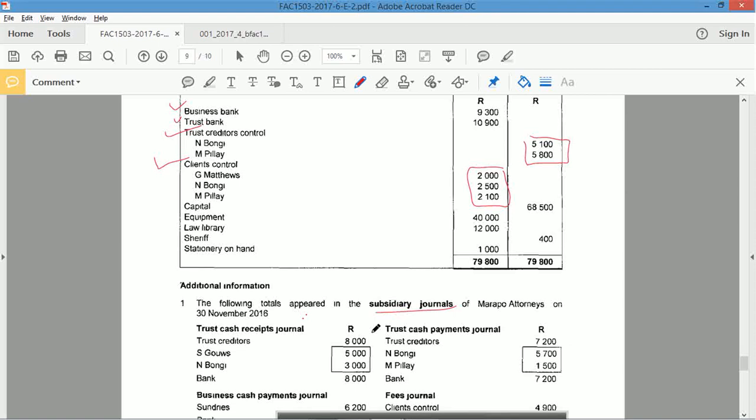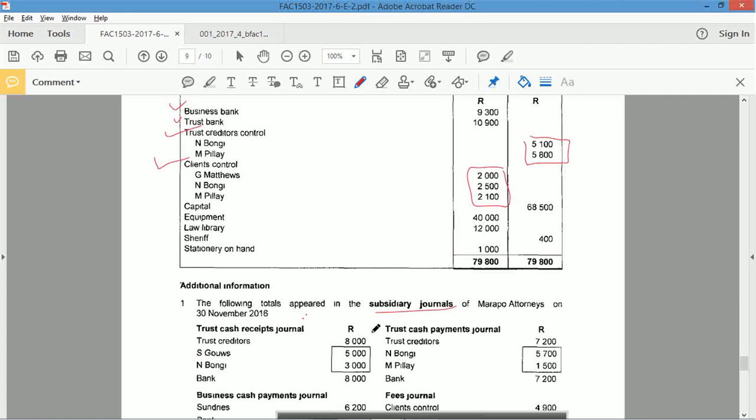When the customer owes the business, or when the business owes the customer? If they're a trust creditor, it means that we're owing them because they have deposited funds in our accounts. Okay, does it make sense?